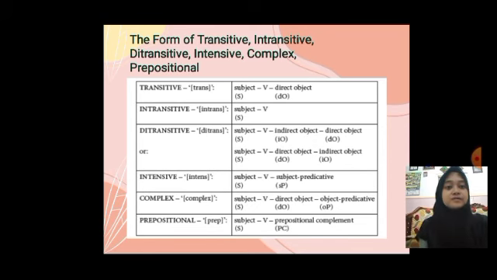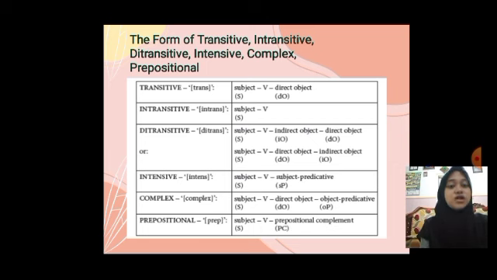You can see this: transitive, subject, verb, direct object. Intransitive, subject, verb. Ditransitive, subject, verb, indirect object, direct object, or subject, verb, direct object, indirect object.